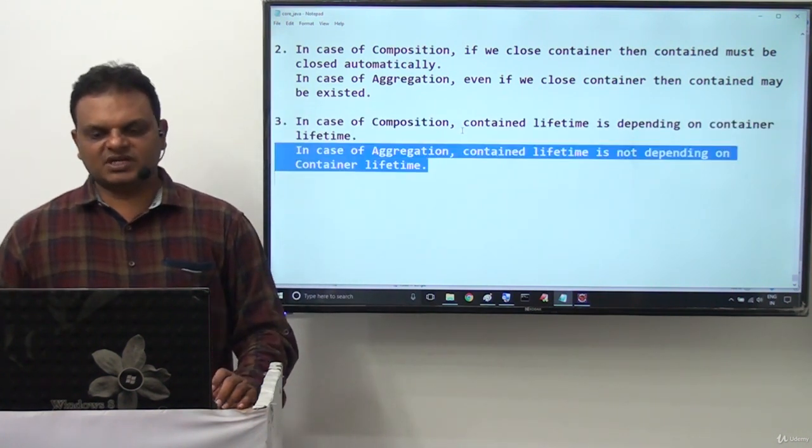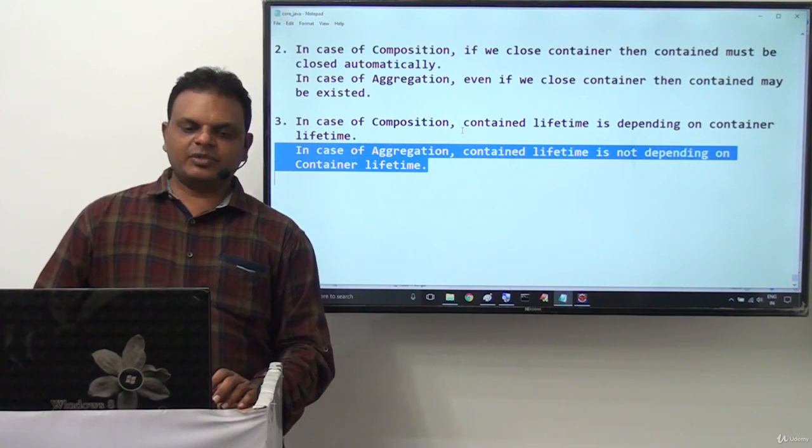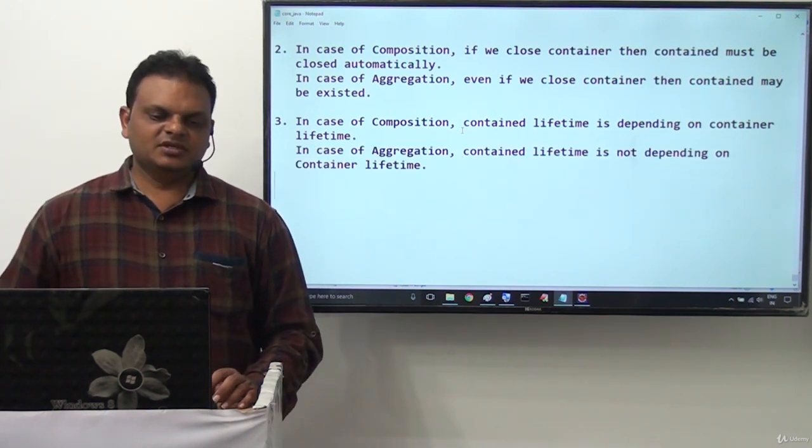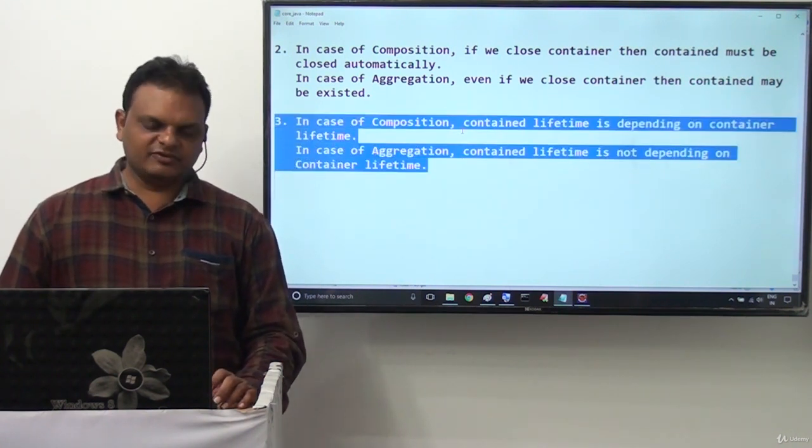In case of aggregation, contained lifetime is not depending on container lifetime. That's it. This is exactly another difference we can identify.